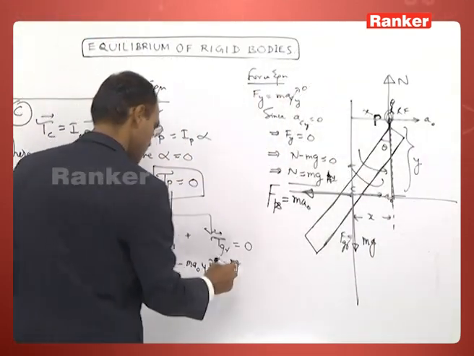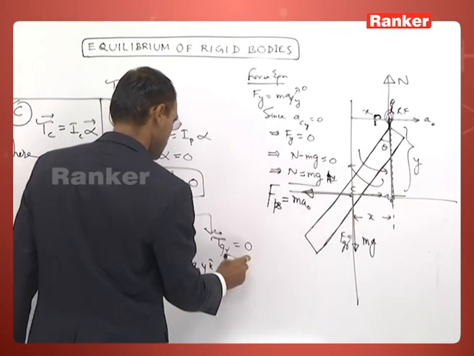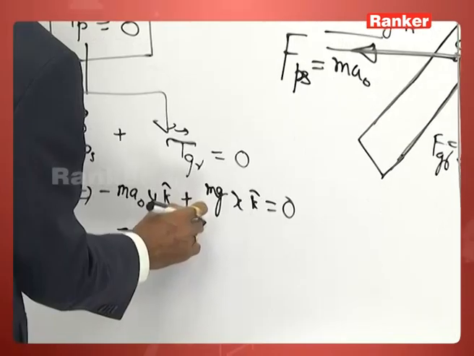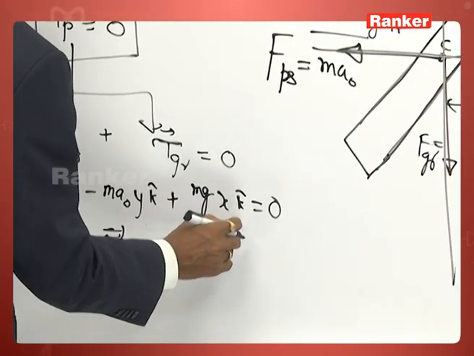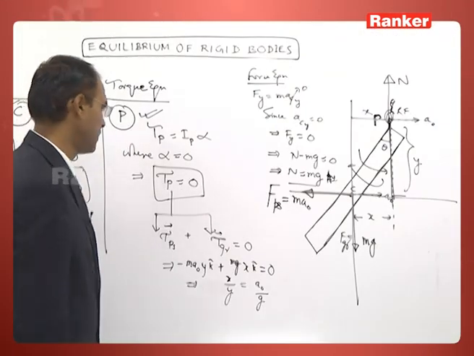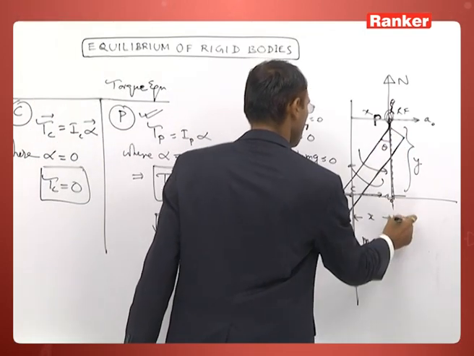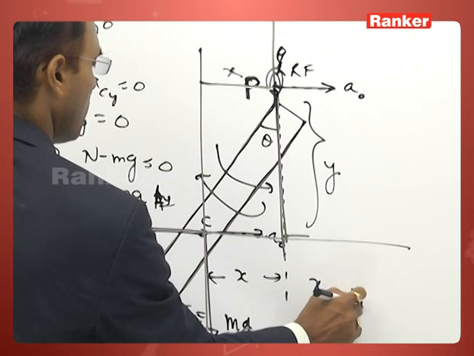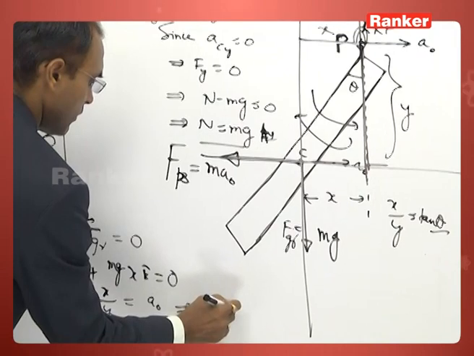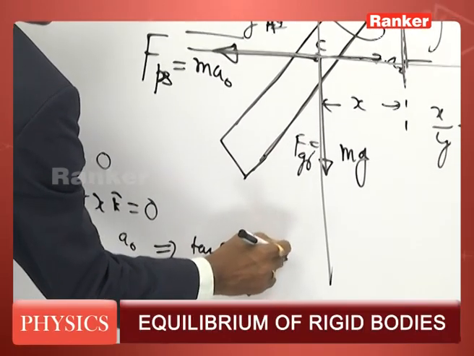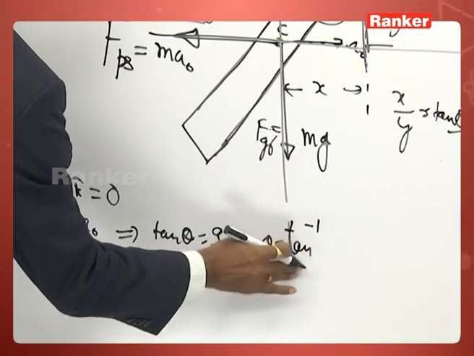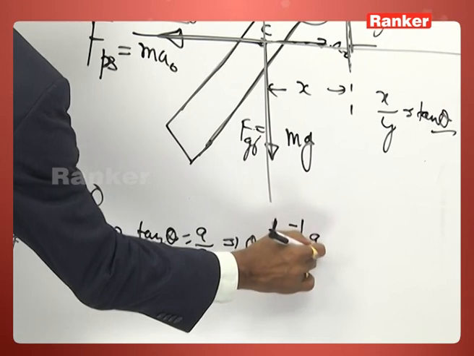Basic concept of torque: mg into x plus k cap direction, anticlockwise direction, x upon y is equal to a naught upon g. But x upon y is equal to tan theta. So you can write tan theta is equal to a naught upon g, and theta is equal to tan inverse a naught upon g.